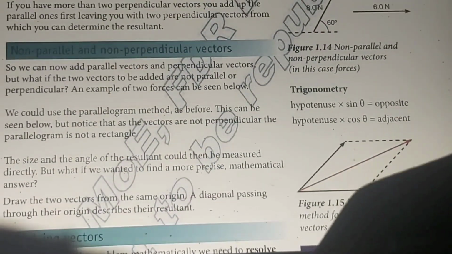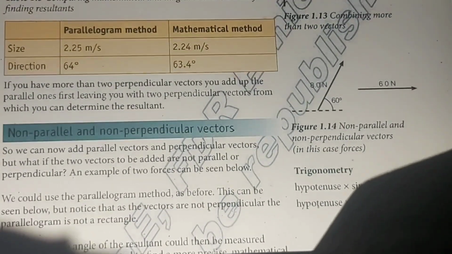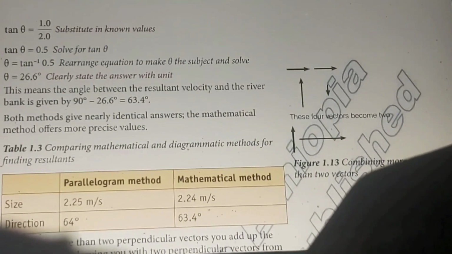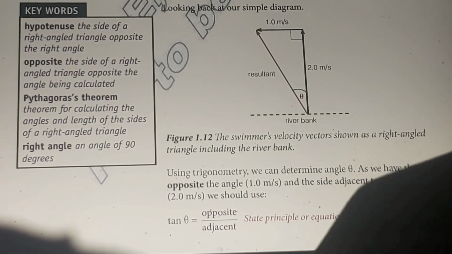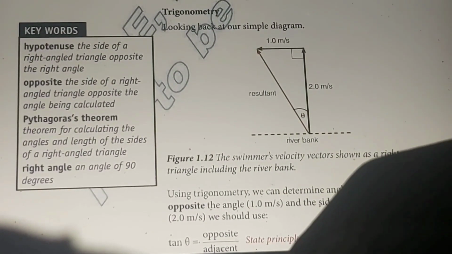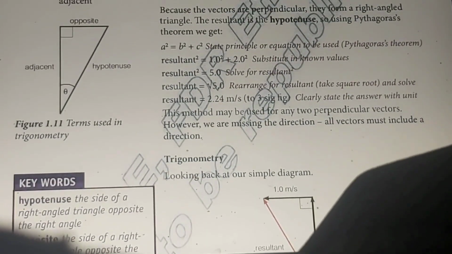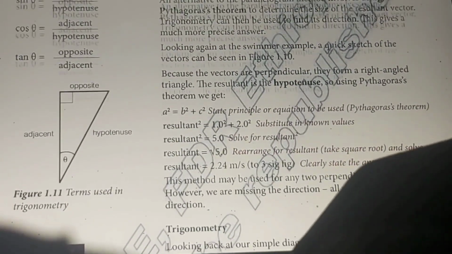But this review is the overall idea: the definitions of words and how we can calculate the given vectors. This is the overall idea for today.